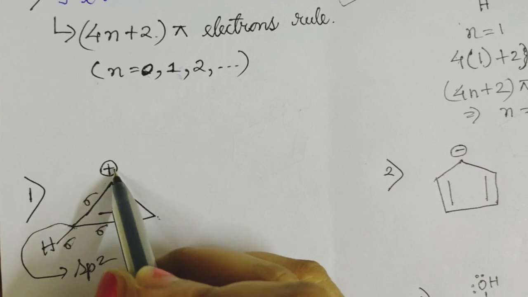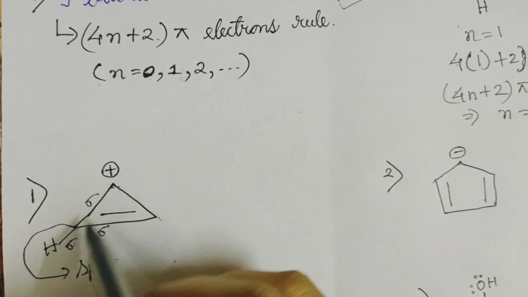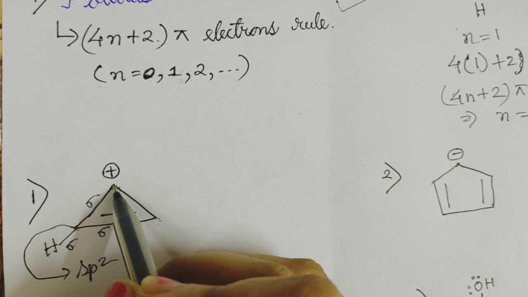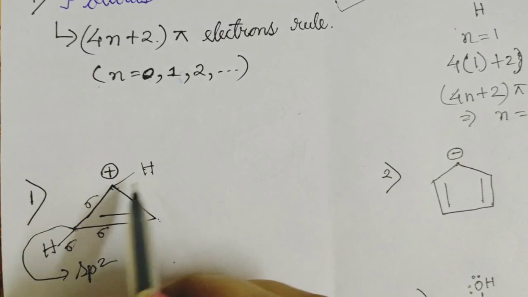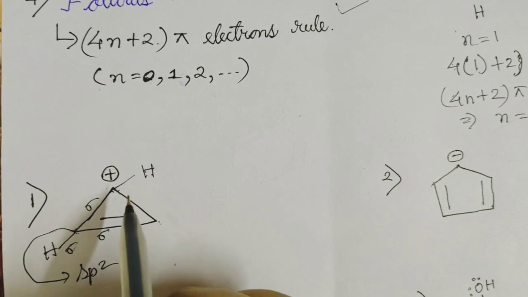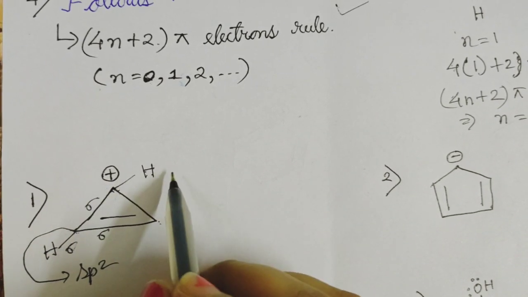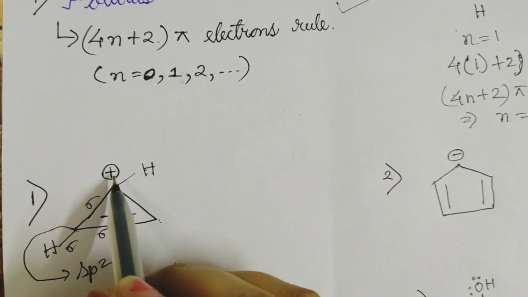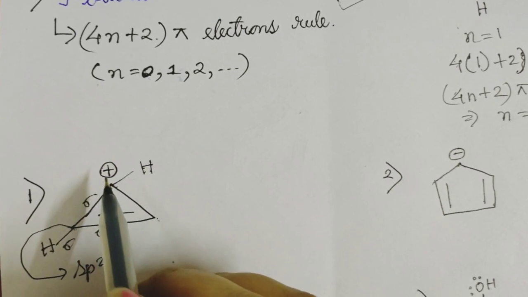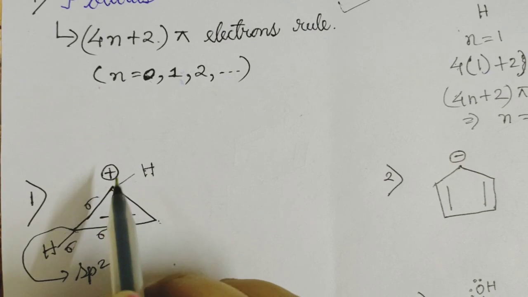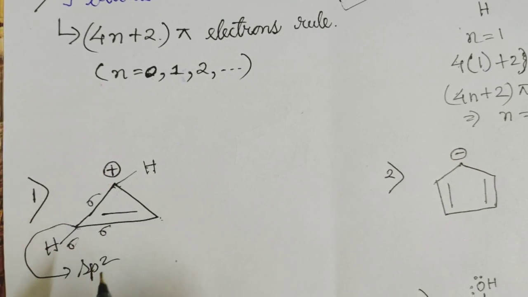Now this carbon atom is similarly sp2 hybridized, and now coming to this carbon atom, it is having a positive sign. So it is bonded to 2 carbon atoms, and it is also bonded to a hydrogen atom, and due to the positive charge there is no bonding. Instead of any bond, there is a positive charge present.